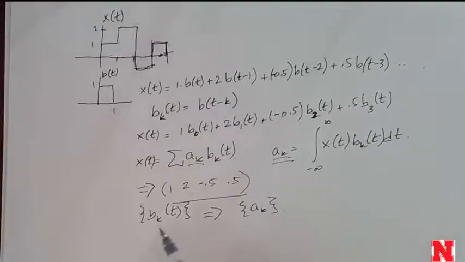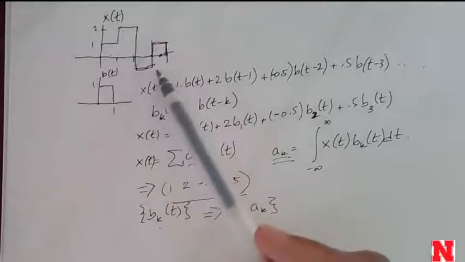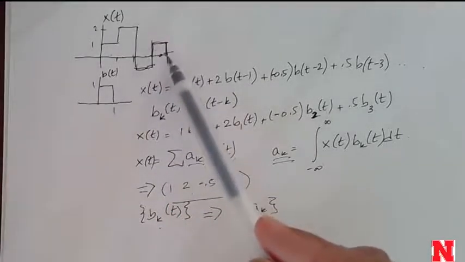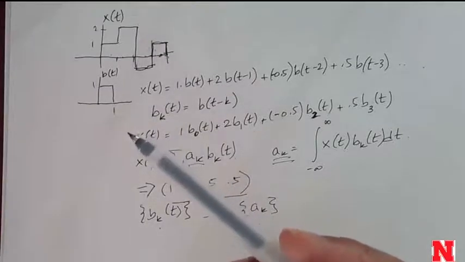So these are my basis functions. This is the set of coefficients. What I would like to have is a set of basis functions that don't just allow me to represent these very simple functions in my very simple world, but all of the functions that I'm interested in.